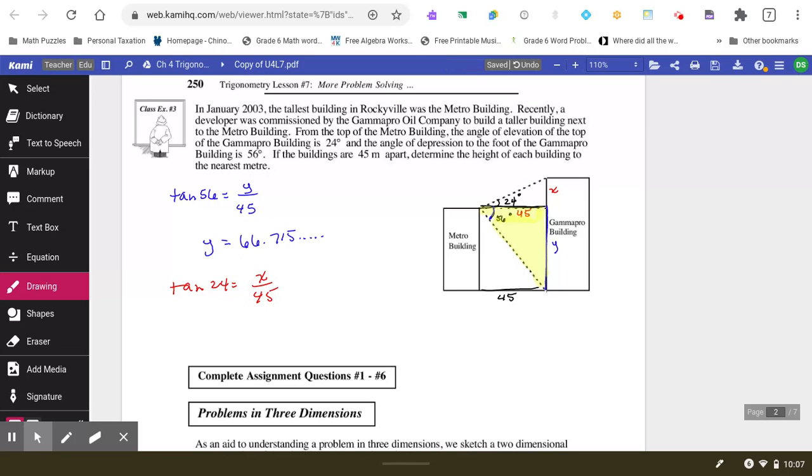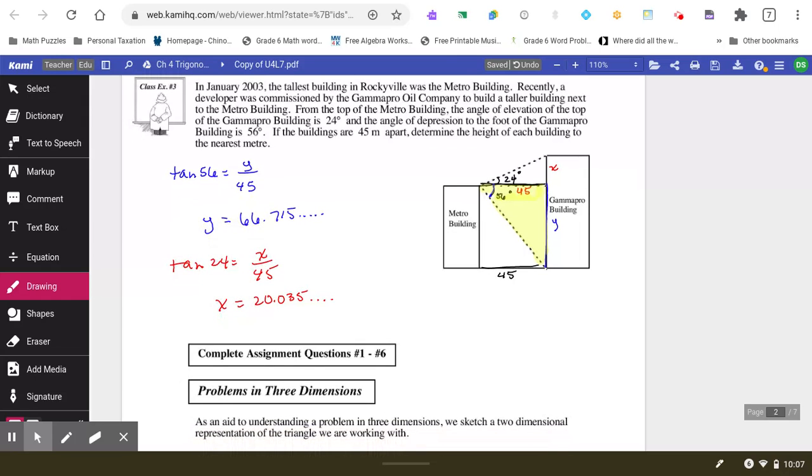And tangent of 24 times 45 gives you X to be 20.035, etc. Okay, so I could say the Metro building was the 66.715 right there. And the Gamma Pro would be what I had in X. I would have to add the 66.715. And you would get 86.75.